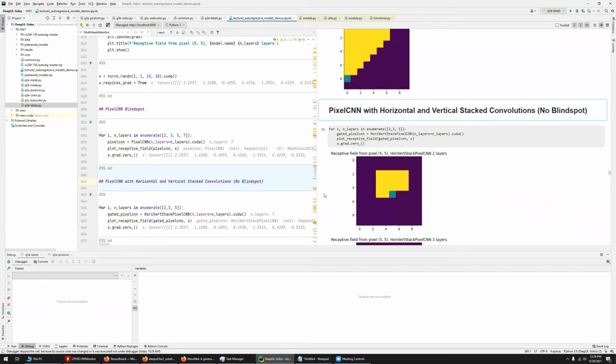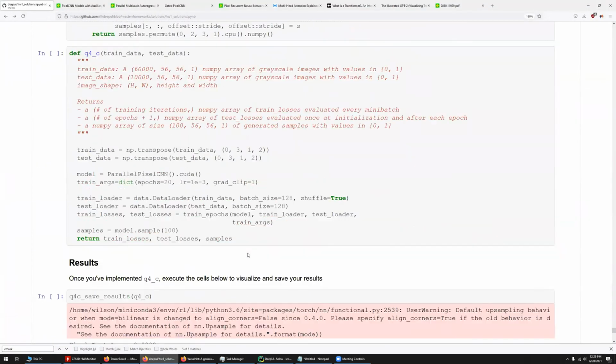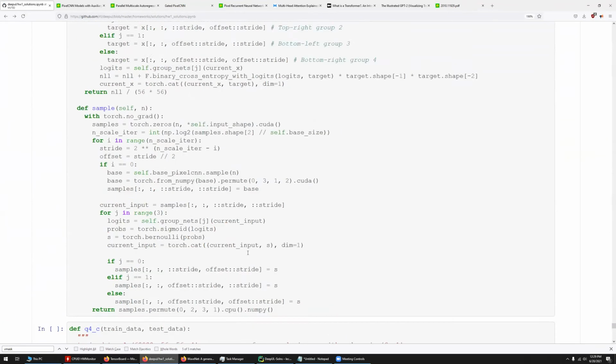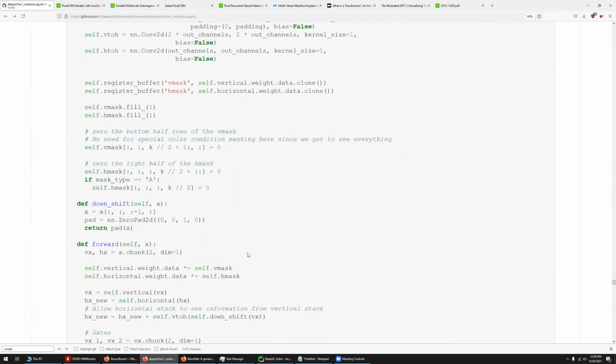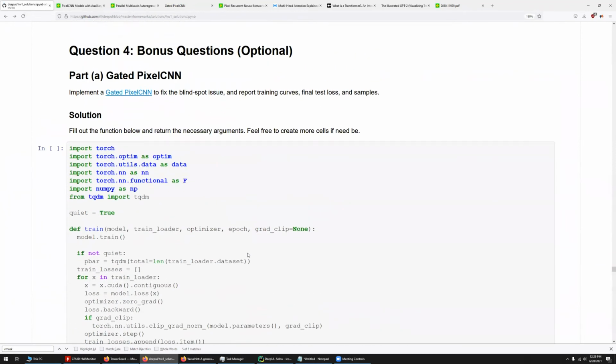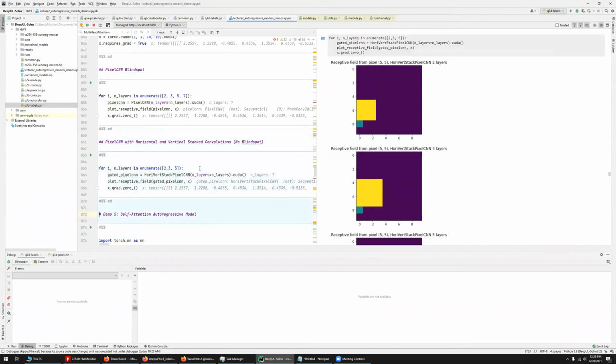So this was one of the homework exercises, optional ones, I believe. The gated ones. Gated PixelCNN is to use a horizontal and a vertical one.